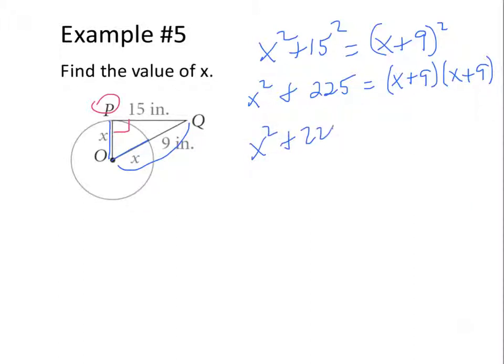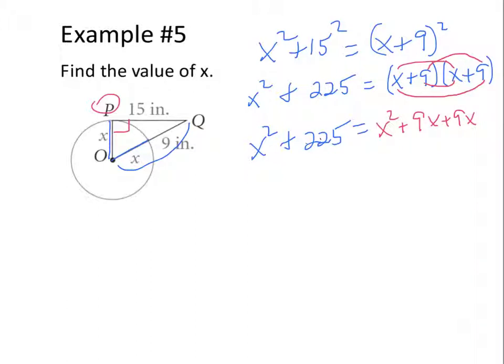So the left side of my equation is not going to change for a while. That's 225. Let me write that again. Okay, now over on the right I'm going to get this. That's your first term, x squared. Okay, then your outside terms are 9x. Your inside terms, 9x.